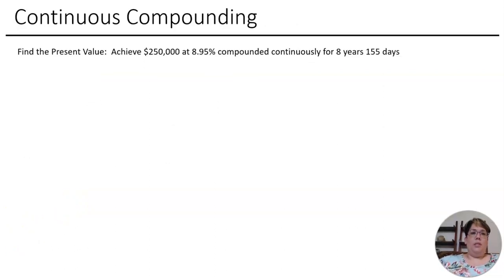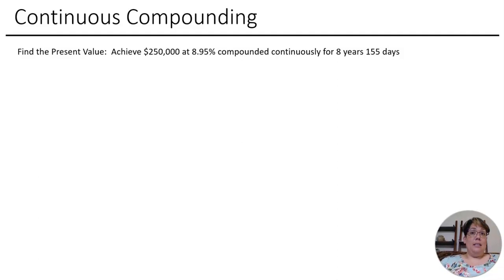Okay, now we're going to look at continuous compounding. Continuous compounding is a little bit different than our other compounding. Like its name, it compounds on a daily rate. Whereas before we were looking at the magic number for yearly as 360, whenever you see continuous compounding, you have to consider 365.